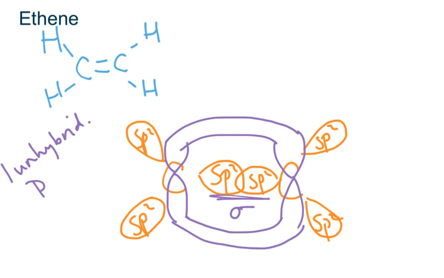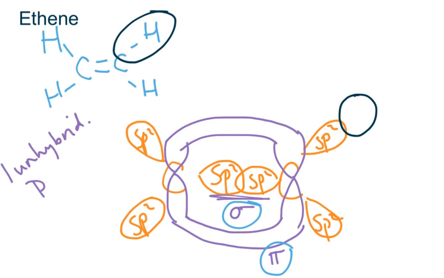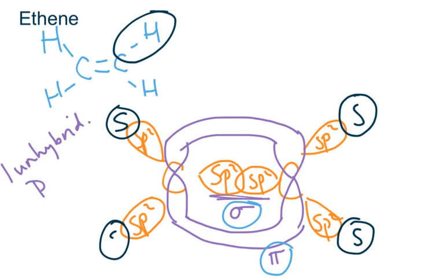So for just that double bond between the 2 carbons, we have 1 sigma and 1 pi. Now, just like with ethane, we have these hydrogens that are single bonded to the carbons. Each hydrogen bonds with just its little s orbital, in a head-to-head overlap with that sp2 hybridized orbital. So those are all sigma bonds as well. This gives us a total of 5 sigma bonds and 1 pi bond.